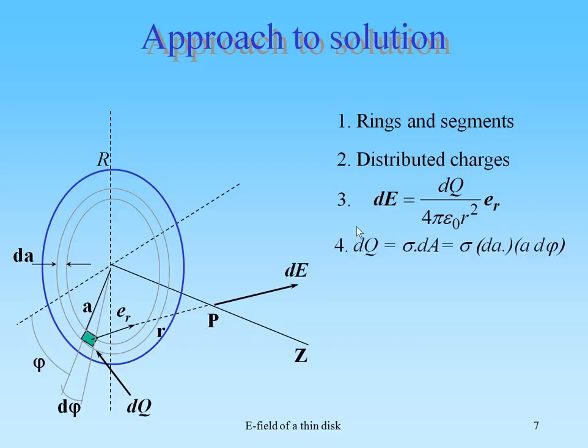That charge element is sigma times the surface area element, and that area element is dA. dA is the varying radius along the disk, a, times a d phi, and a d phi is the length element along the tangential path.